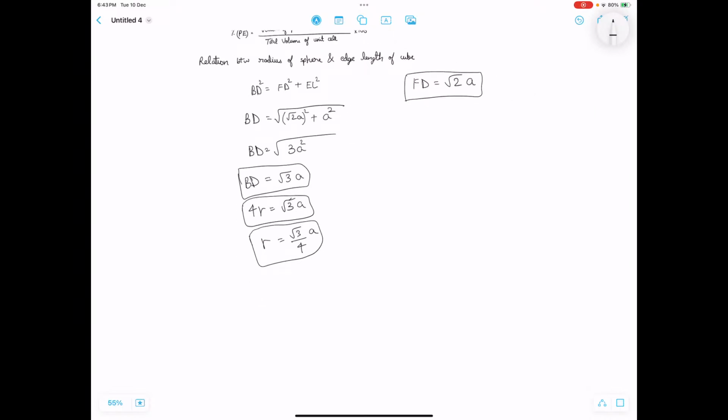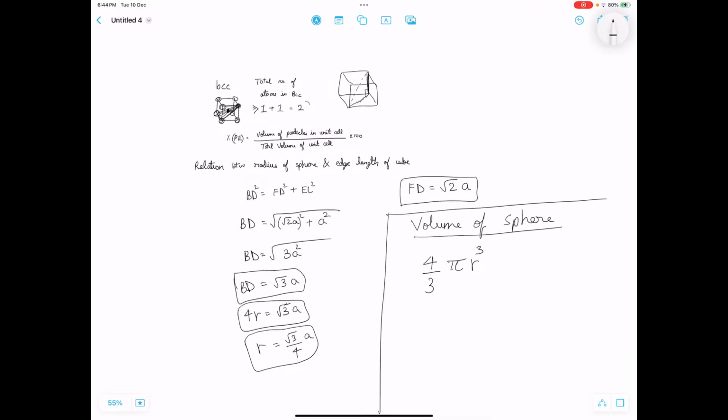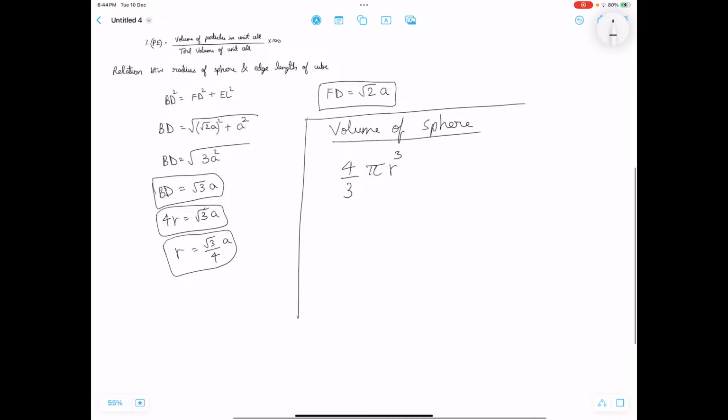Now we consider the volume of the sphere. So that is 4 by 3 pi r cube, and as there are 2 atoms, we multiply this by 2, so it becomes 8 by 3 pi r cube.